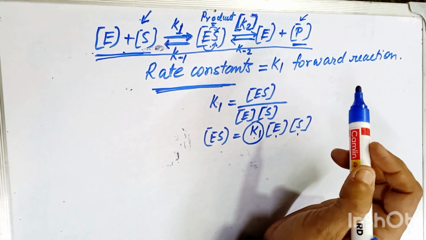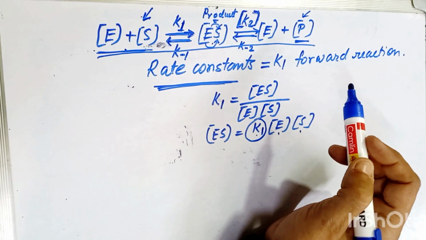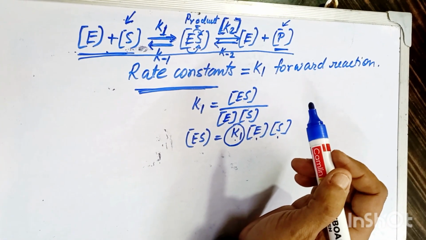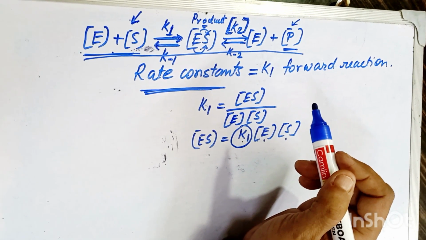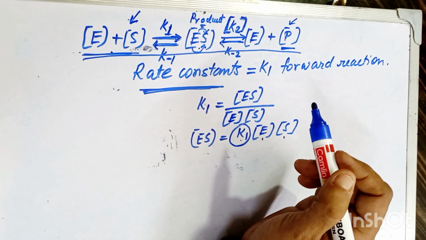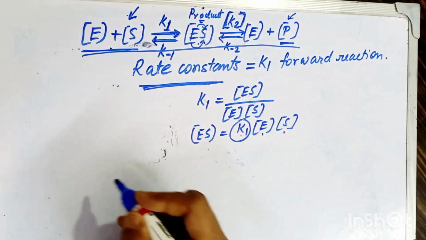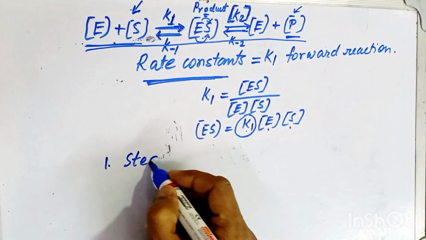Now we need to know a little bit about some assumptions while we derive the Michaelis Menten equation. So what are the assumptions? There are three assumptions while we derive the Michaelis Menten equation. The first assumption is the steady state assumption.